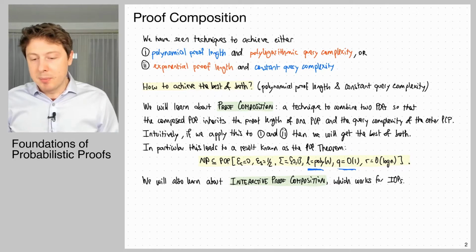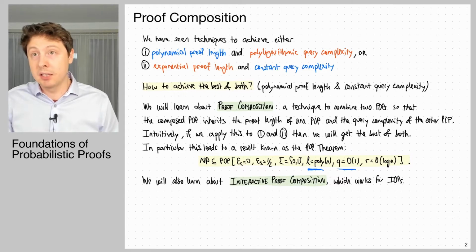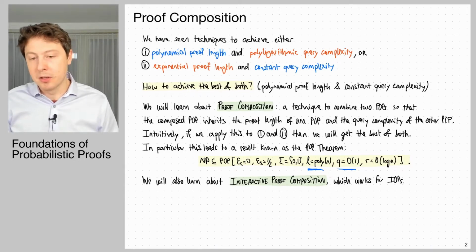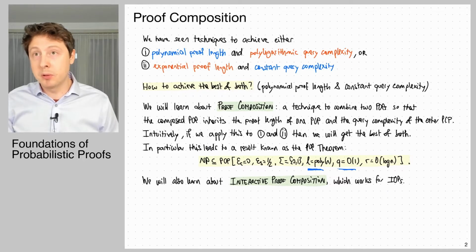Today we will also learn about interactive proof composition, which is the analog of proof composition just for interactive oracle proofs. And just like you can use proof composition to improve query complexity of PCPs, you can use interactive proof composition to improve the query complexity of linear size IOPs.